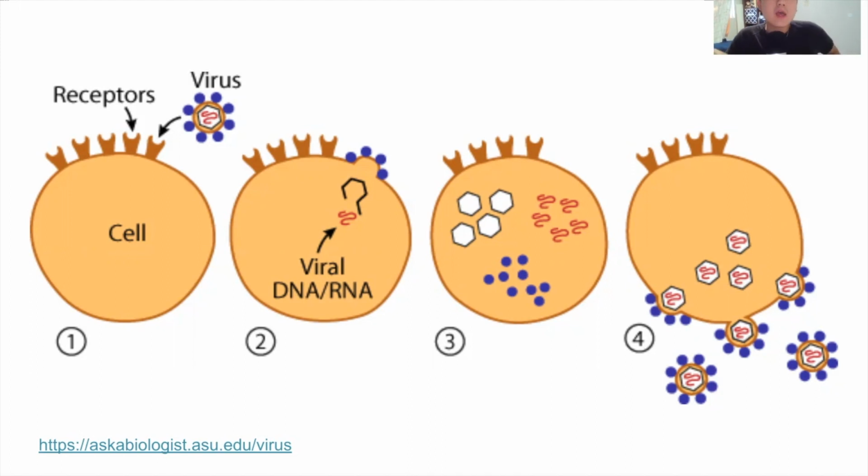When the viral RNA or DNA genome enters our cells, they're going to find ways to replicate. RNA viruses replicate in the cytoplasm, with the exception of influenza virus, which, like many DNA viruses, replicates in the nucleus.